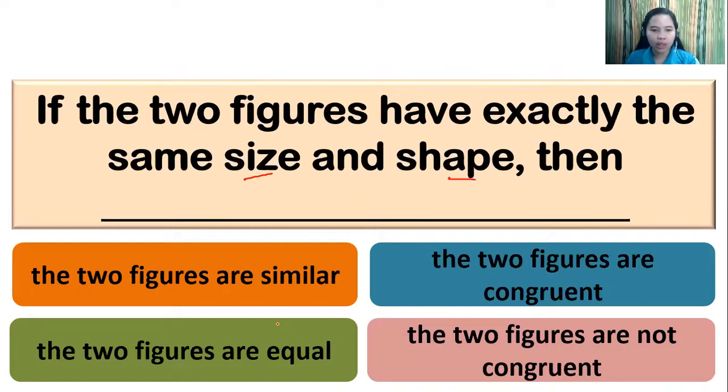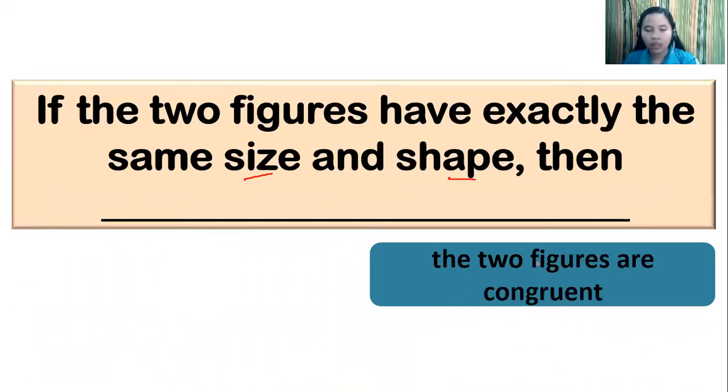How about equal? If the two figures are equal, they only have the same size or same measurement. And if the two figures are congruent, that will be the correct answer, it implies that the two figures have exactly the same size and shape. Again, if the two figures have exactly the same size and shape, therefore, the two figures are congruent. Okay? Next.